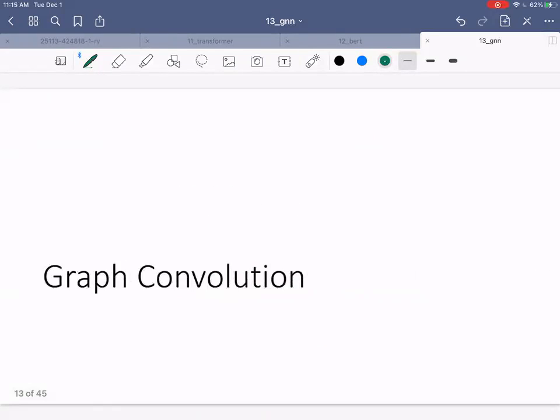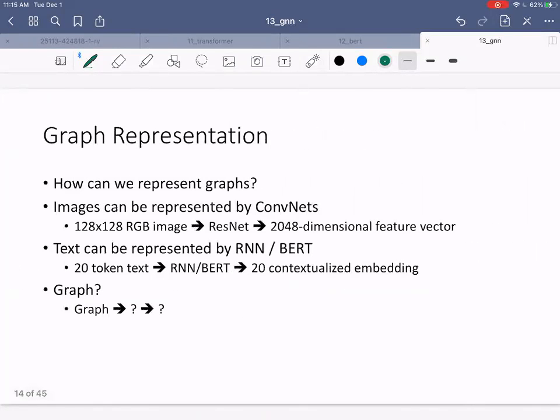All right, let's move on to graph convolutions, which is the core material of today. So what we want to do is come up with a graph representation. So far, everything in deep learning was just representation learning. So the goal is, how can we represent graphs? Images can be represented by convnets, for example.